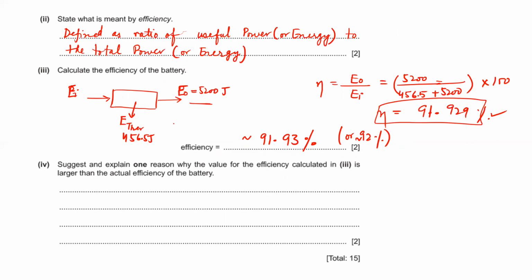For example, there are some interconnects inside the battery that connect various electrical components, and some energy or power is lost in them. There is no way that information was given. And then there may be errors in measuring these measurements.